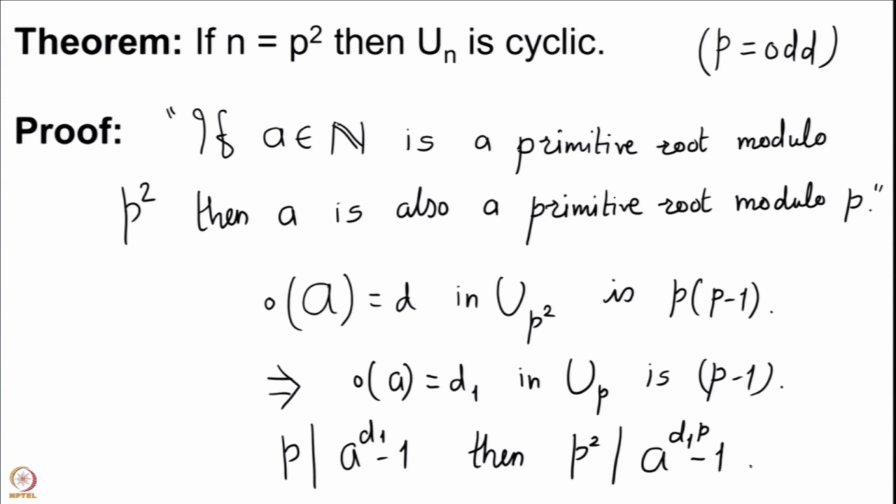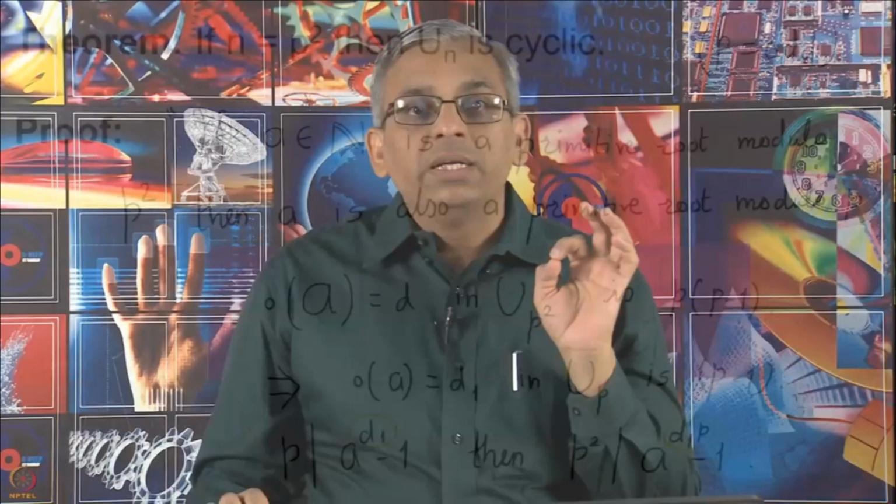This is something that we will have to show. So, this will imply that if you had any smaller d1 inside the group Z/pZ as the order of the element A in Up, then the order of A in U(p^2) will have to be smaller than p(p-1). So, with this exercise we have this observation that a primitive root modulo p^2 is also a primitive root modulo p.